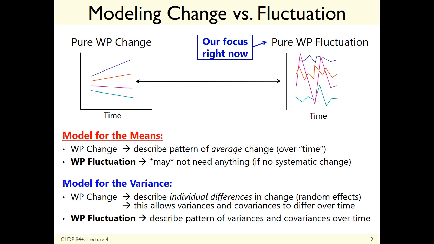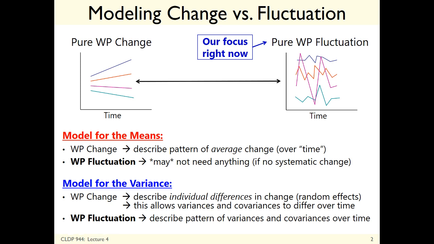So I have a picture here up on the right that shows the type of data that this would look like graphically. So we're stopping by that type of data first, and then we'll get to within-person change in the next chapter. So what that means in terms of time, for the model for the means, time isn't going to be necessary in our first example, and it may not be necessary.